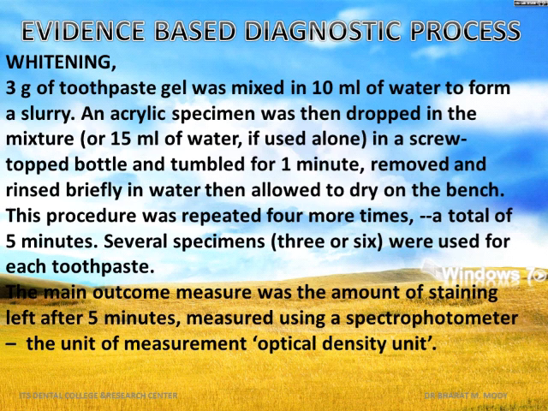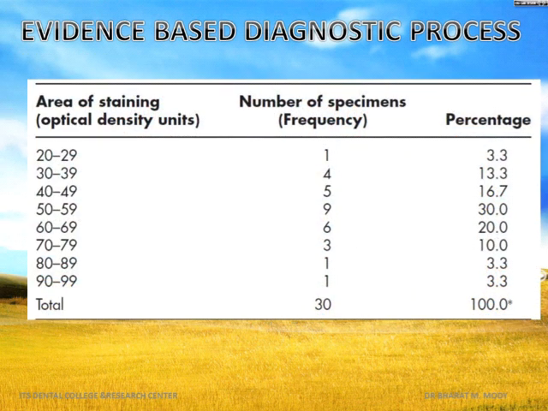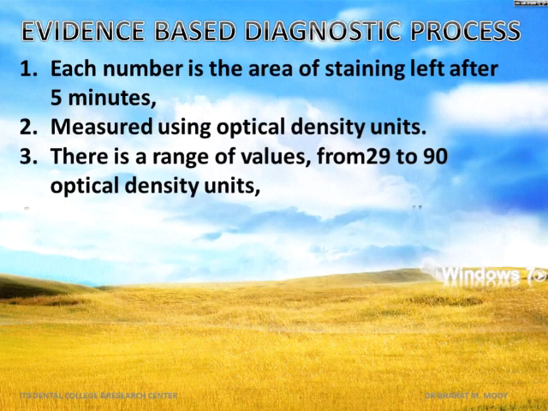As you can see here, every step was very calculated. Now the result: optical density was then tabled, and the percentages were then calculated, and the total percentage was also given.